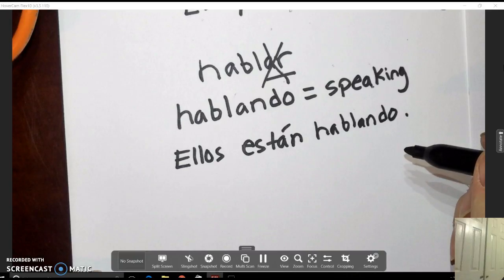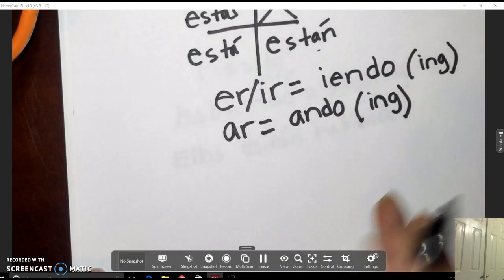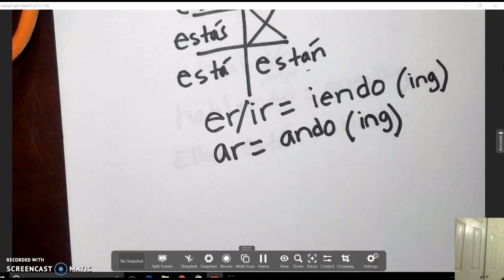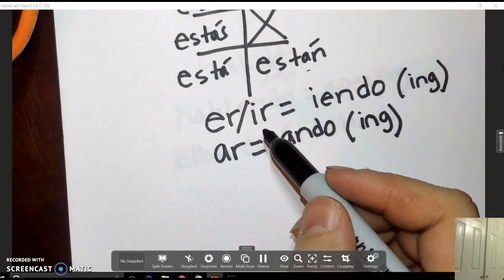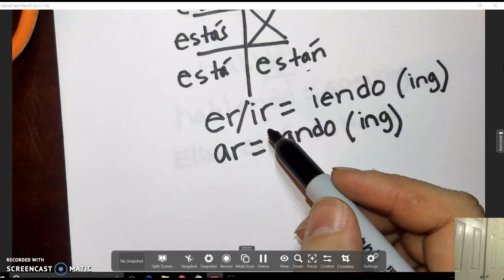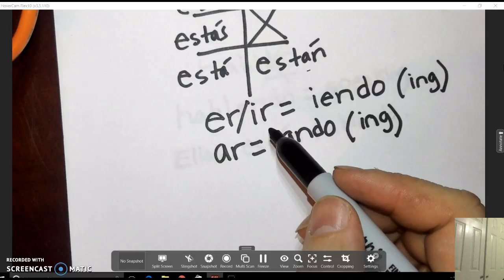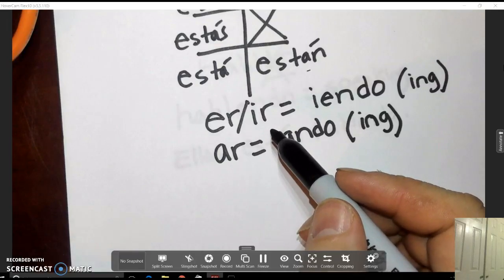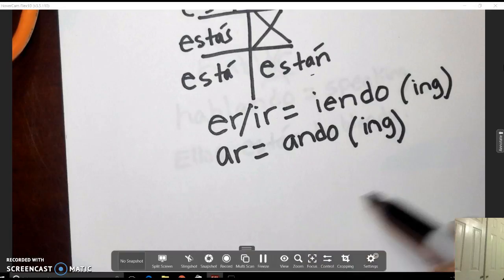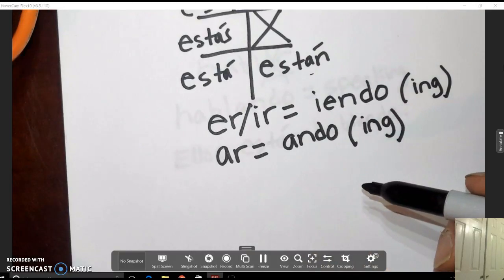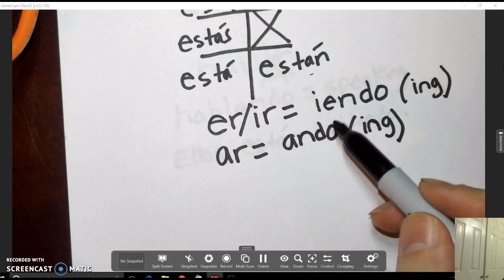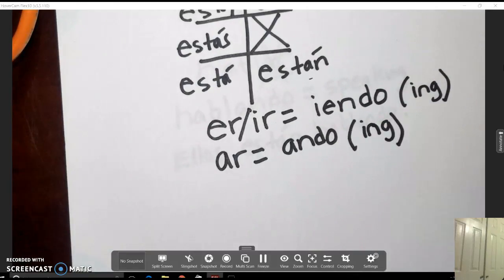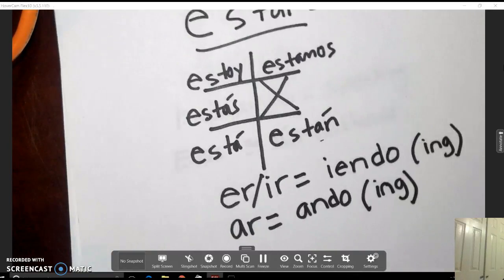So that's pretty much how you do it. This works the same way with IR verbs. The ER and IR are pretty much tied together. Now there are three other types of verbs that will have a different ending for ing, but this is usually the case. There are some exceptions, just a few words, but usually this is the case. So again, this is how you do ing in Spanish.